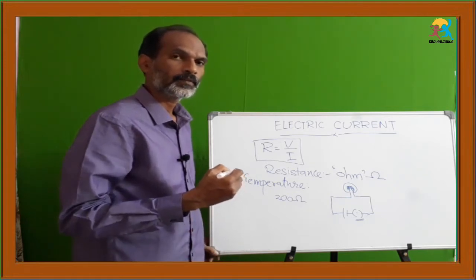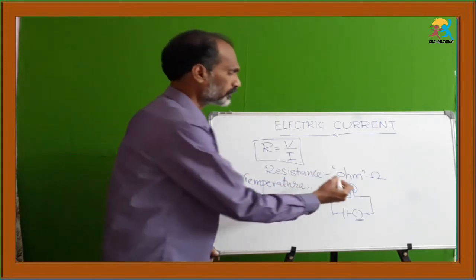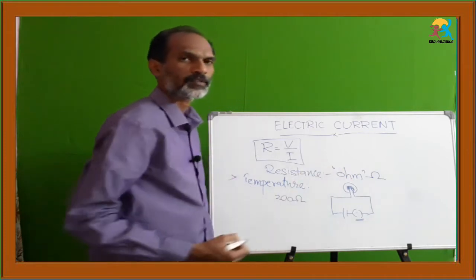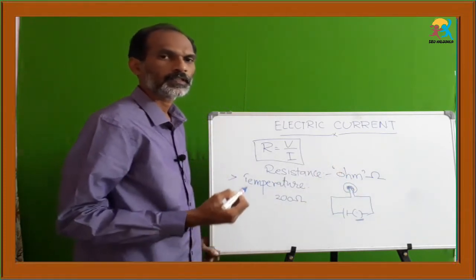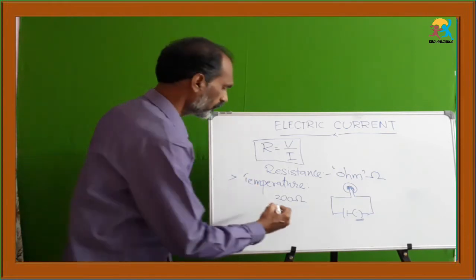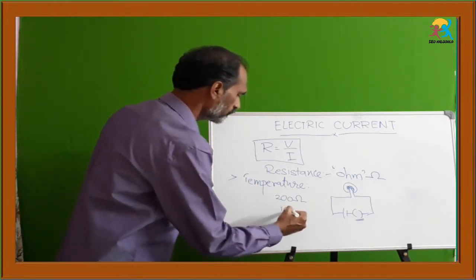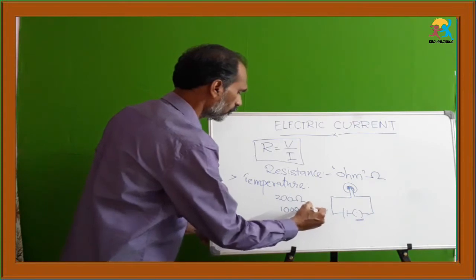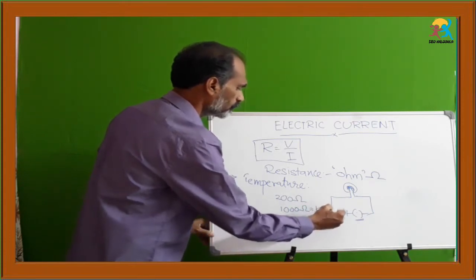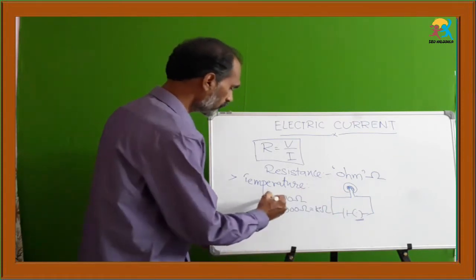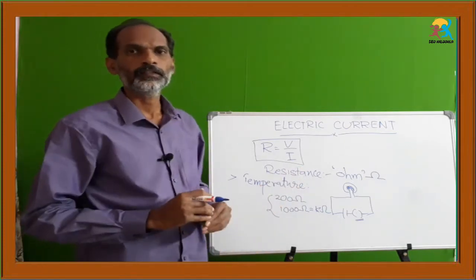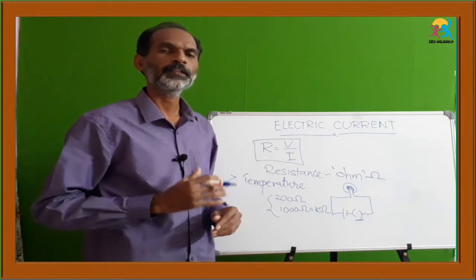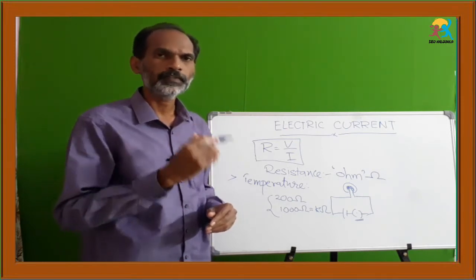After a few minutes, light and heat energy come out of the bulb and it gets heated. If you find the resistance using the multimeter, you will notice it is 1000 ohms, or 1 kilo ohm. From these two instances, we can understand that the temperature of a given substance or conductor can influence its resistance.